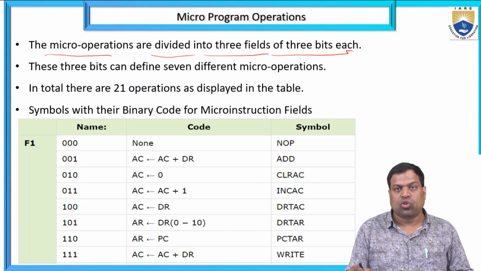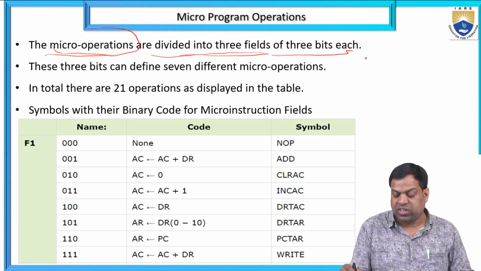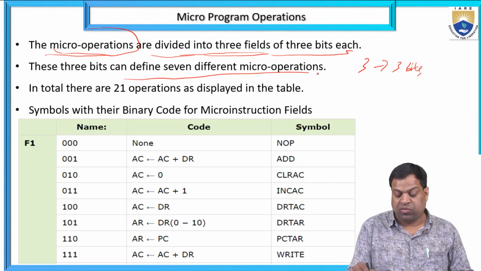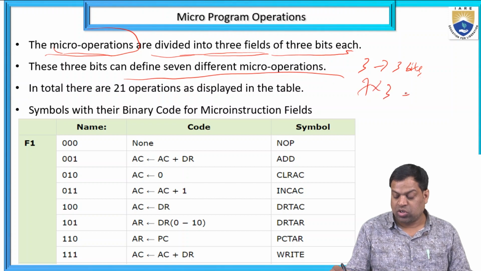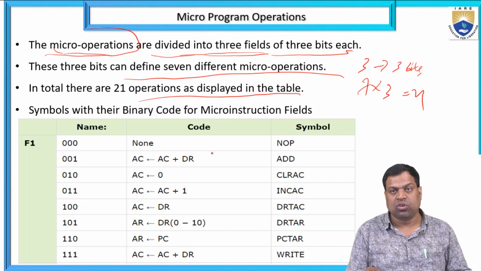In total, 7 into 3, 21 operations are displayed in the table, with their symbols and binary code for the micro instruction fields.